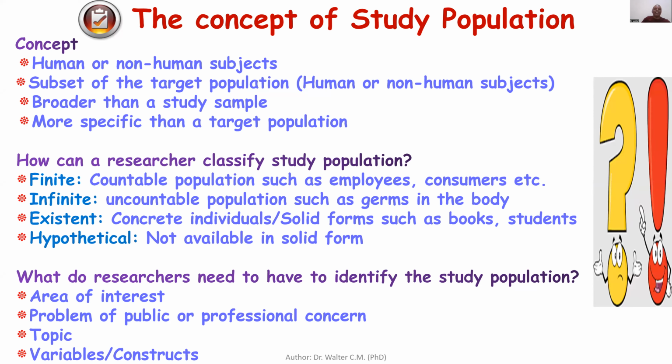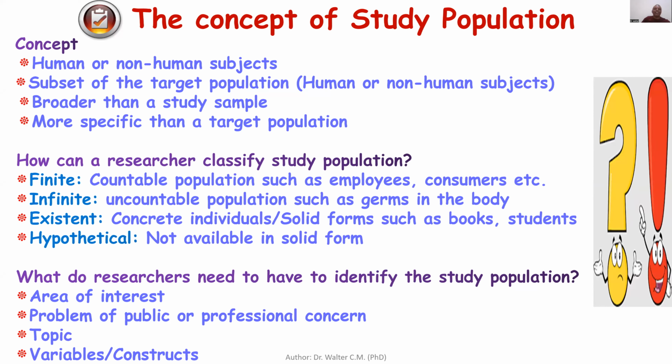But if it comes to the point that you need to point to who the study population is, you touch an individual. That is a physical being. So study population is an idea, or study population is a tangible object or human being.